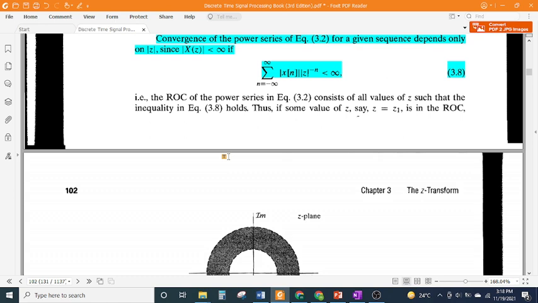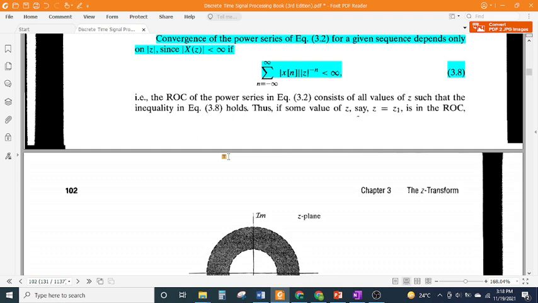then all values of z on the circle defined by |z| equals |z1| will also be in the ROC.